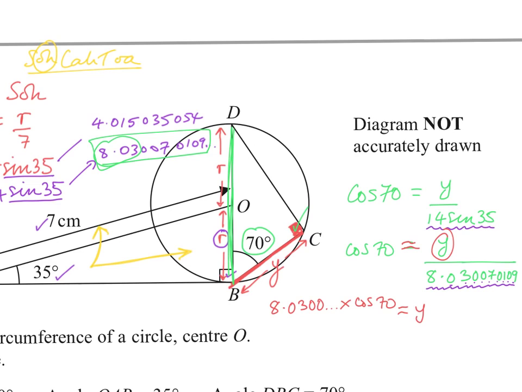And we can just type that straight in. Some of you may already have the decimal 8.0300 and so on in your calculator already, and that's good because you haven't got to type it all in again. And just press times cos 70, and then you should have the answer for y. And I'm going to write down my calculator display.